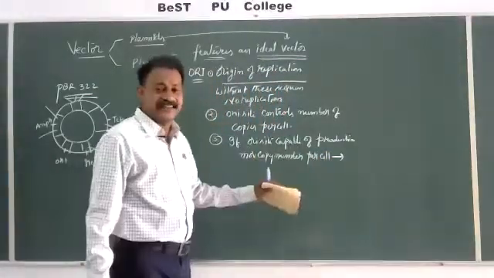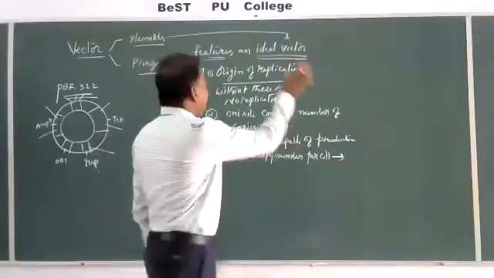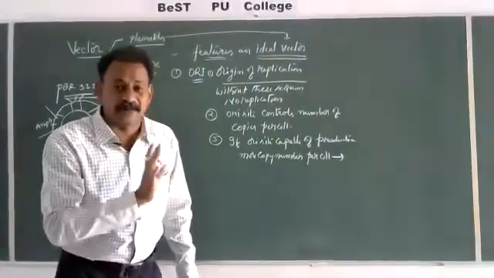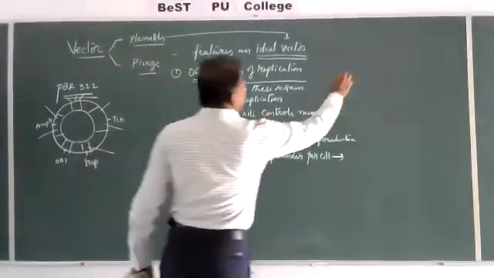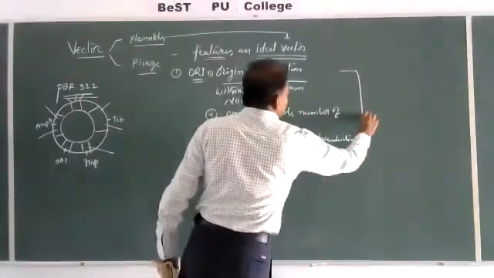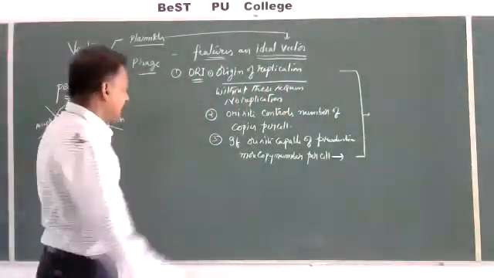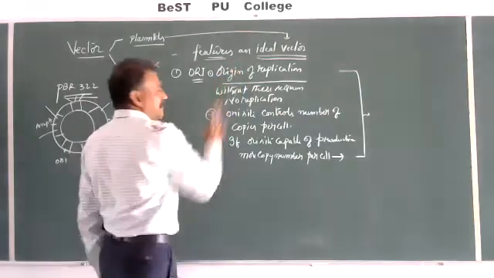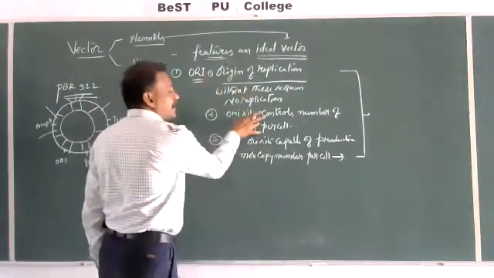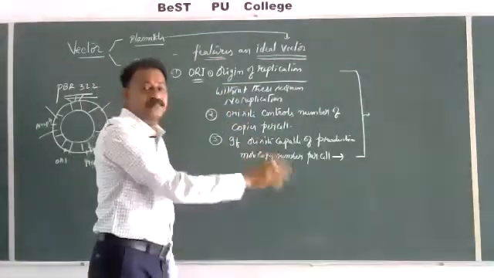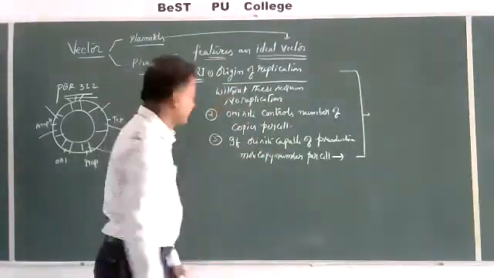So an ideal vector should have more copy numbers per cell. These are the three statements regarding the origin of replication. An ideal vector should have an RE site, the RE site should control the copy numbers, and an ideal vector is one which has more copy number per cell.